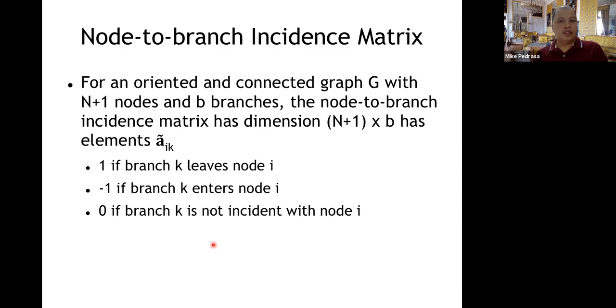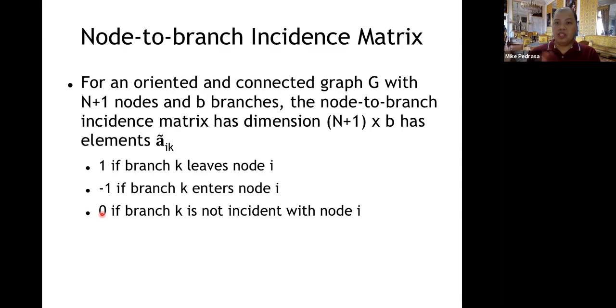So I'll just read this first. For an oriented and connected graph G with n plus 1 nodes and B branches, the node to branch incidence matrix has a dimension n plus 1 rows and B columns, and will have elements of 1, -1, or 0.